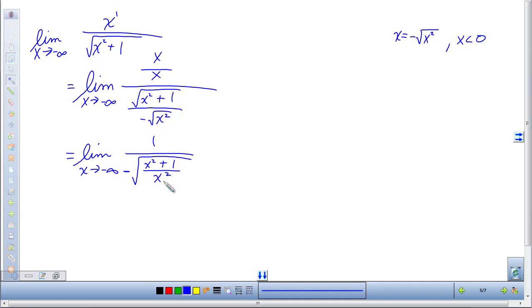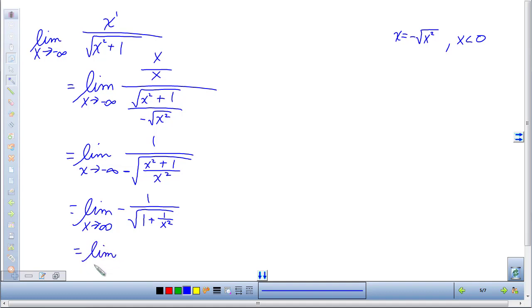All right, and when I distribute that x squared to each of the terms here, we get the limit as x approaches negative infinity of 1 over, and we'll put the negative out front now, this negative that was in our denominator. It's just going to be out front. So we've got the square root of 1, because x squared over x squared is 1, plus 1 over x squared. And now we're getting somewhere.